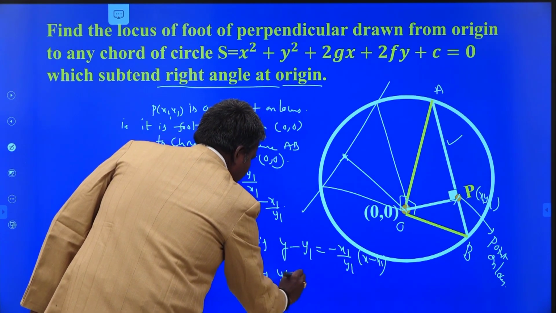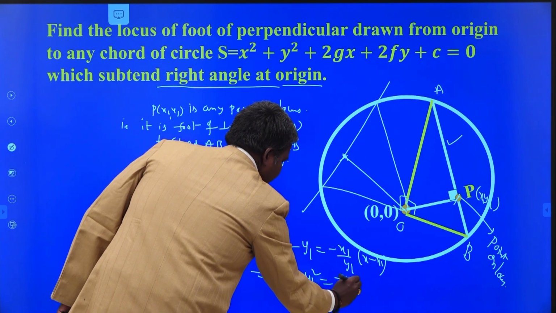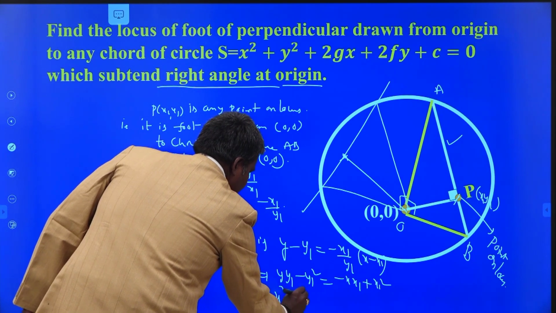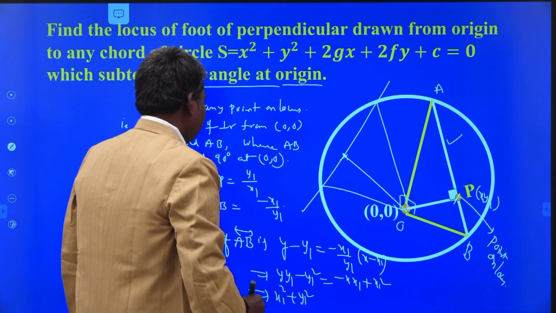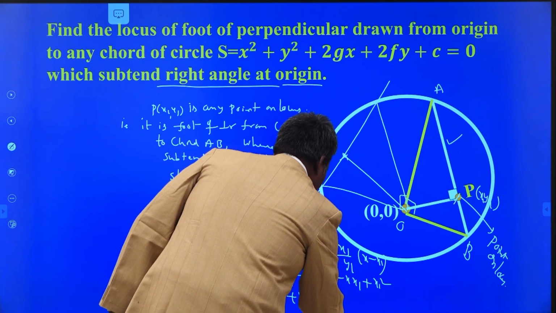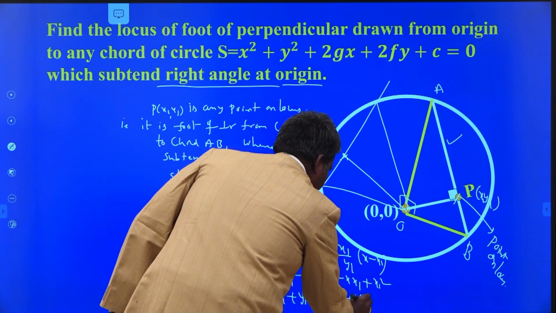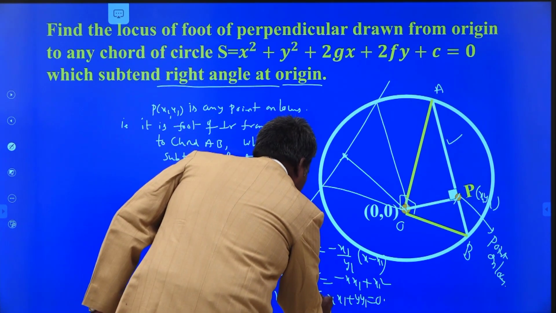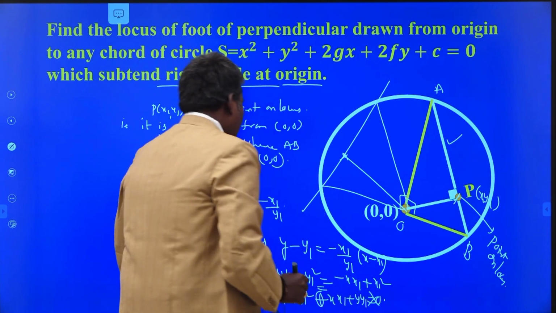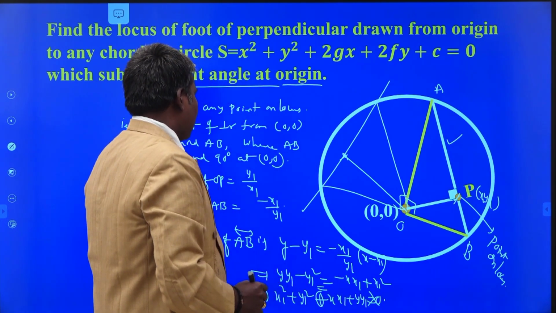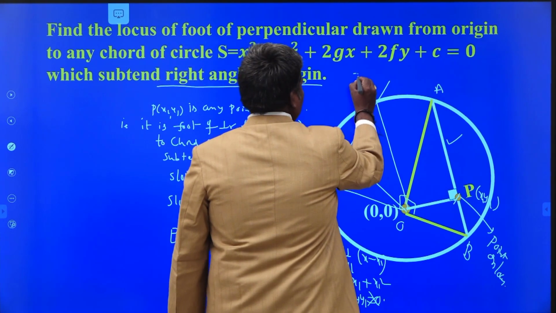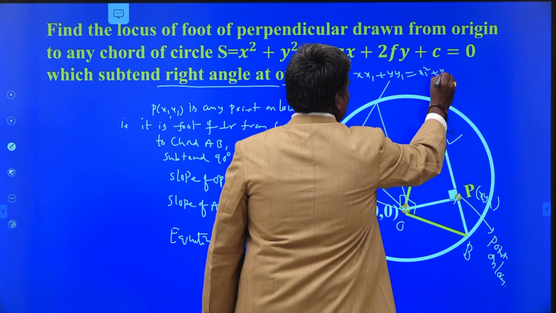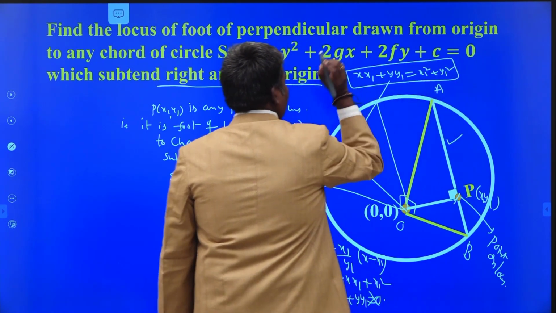This implies y1 minus y1 square is equal to minus xx1 plus x1 square, which implies xx1 plus yy1 is equal to x1 square plus y1 square. This is the equation of AB.